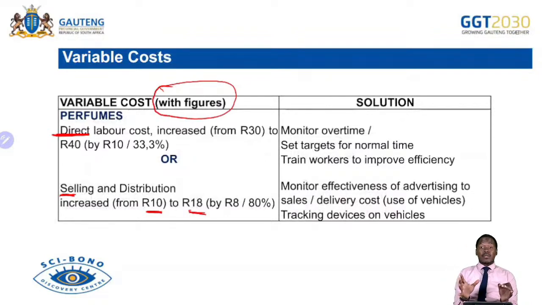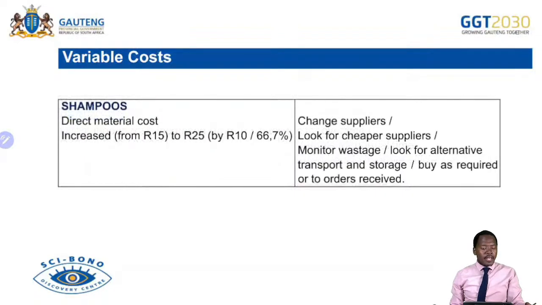We are seeing some grade 12s who will just quote and say direct labor increased. You don't get full marks. You must say direct labor increased from 30 to 40, or increased by 10 rands, or by 33.3%. That will be 10 over 30.